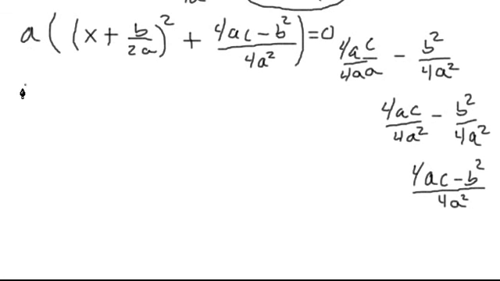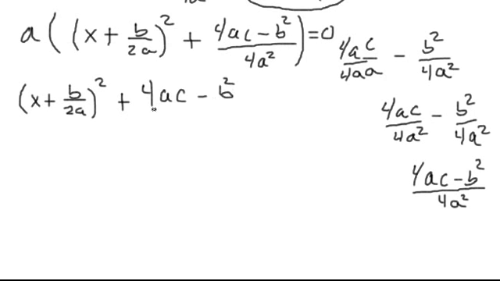So I'm going to rewrite this now as x plus b over 2a, that's squared, plus 4ac minus b squared, that's all over 4a squared, and that's equal to 0.